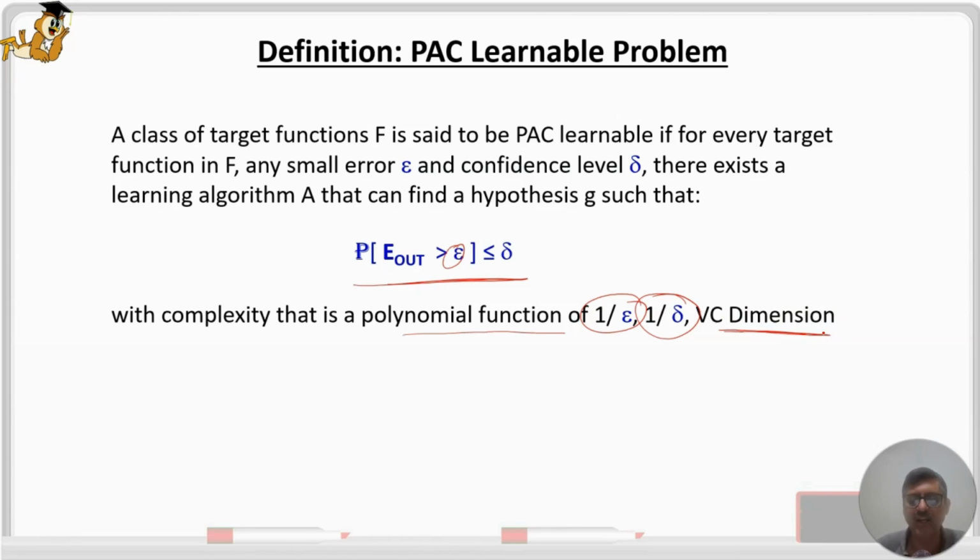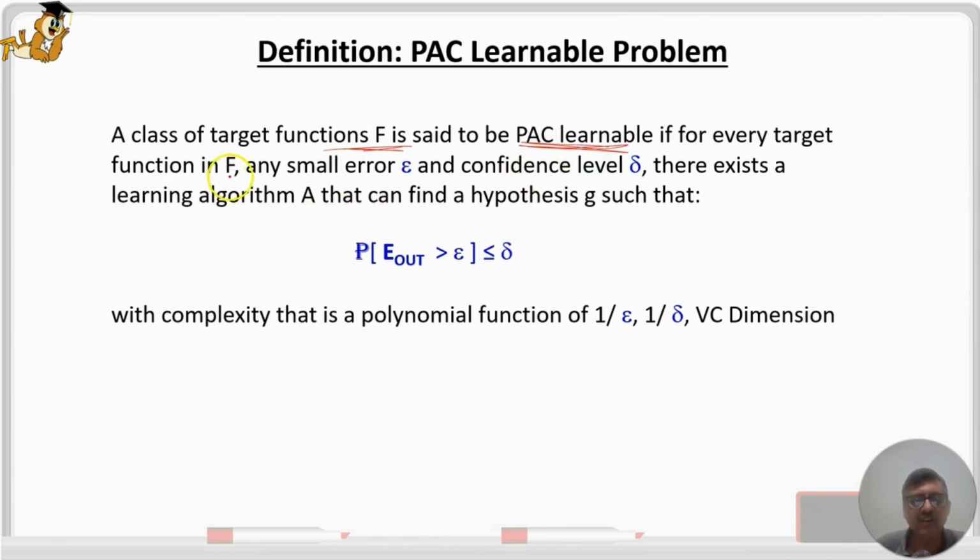Okay, it's quite a long definition, but if you read it once again, you can easily correlate it to what we have been talking about so far. All that this is saying is that a class of target functions f is said to be PAC learnable, probably approximately correct learnable. This is a definition.